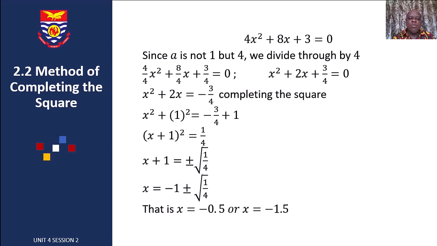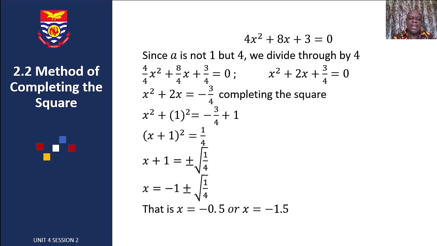And then we simplify the right-hand side. So into bracket x plus 1 all squared is equal to 1 over 4. Then we find the square root of 1 over 4, and that gives us plus or minus 1 over 2. Then we move 1 from the left-hand side to the right-hand side.